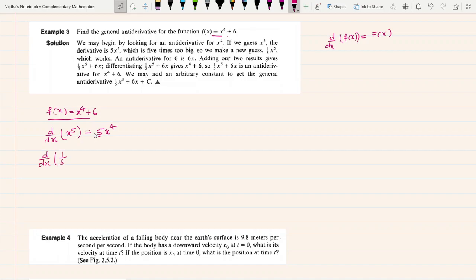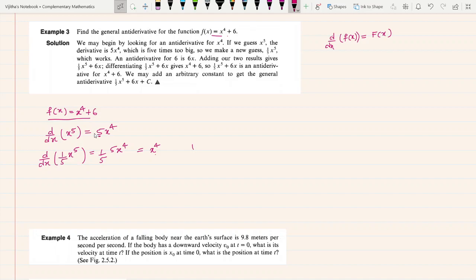So if we consider the term 1 by 5 x raised to 5, we see that its derivative is 1 by 5 into 5x raised to 4, and this is nothing but x raised to 4. So 1 by 5 x raised to 5 is the antiderivative of x raised to 4.